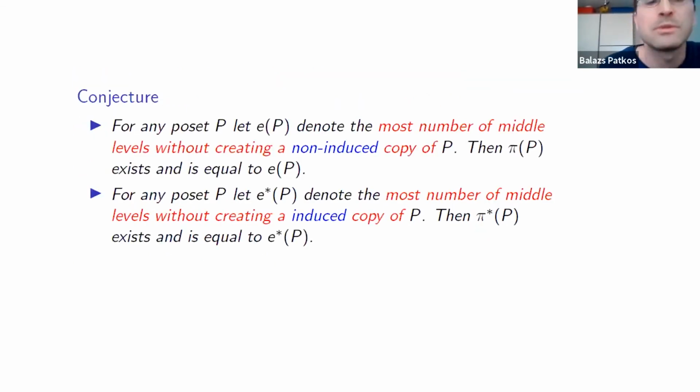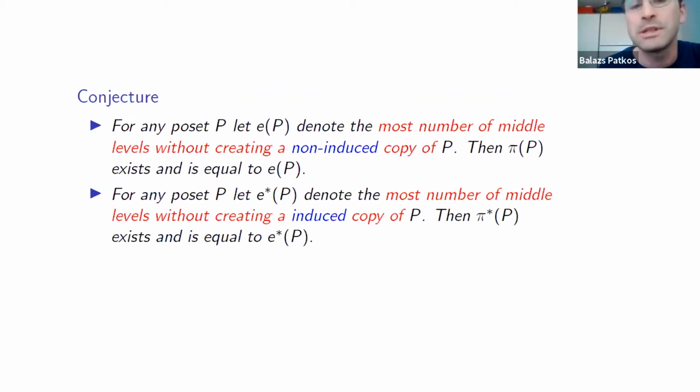There is a conjecture. This is my last slide about the extremal problem, and then we really go for the saturation version. So it is widely believed that no matter what P is, to get the asymptotically largest P-free family, whether we are in the non-induced or in the induced case, what we have to do is just imitate what Erdős did. What did Erdős do? Well, he took these levels from the middle, so all the sets of size n/2, then n/2 plus 1, n/2 minus 1, as far as he could without creating a chain of size k+1.